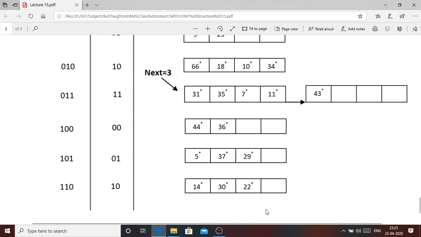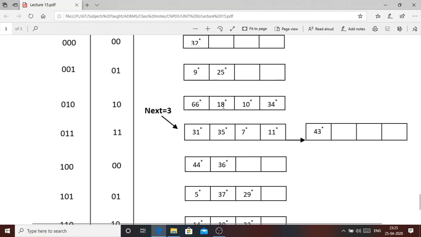So this got split, and 22 went along with 14 and 30, because these all had the last 2 bits 10 and the last 3 bits 110, whereas these values from the initial configuration, 18, 10 and 14, remain in this particular table here, because they have the last 3 bits 010.